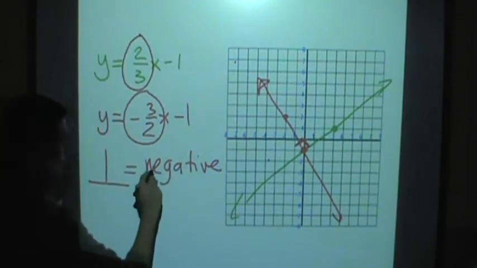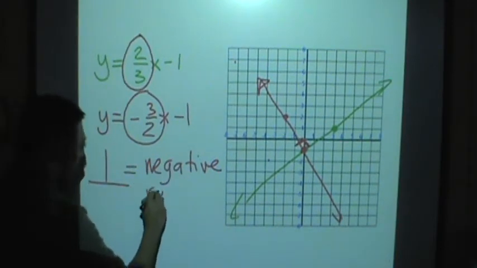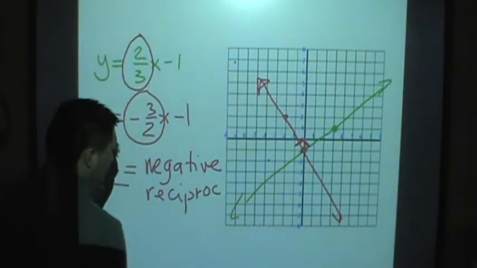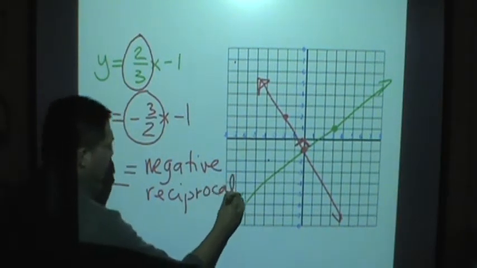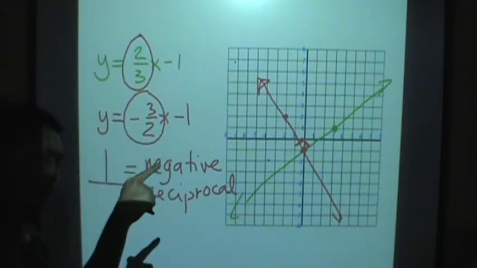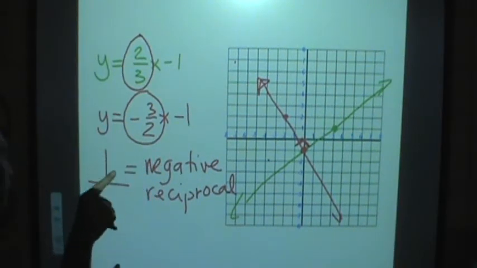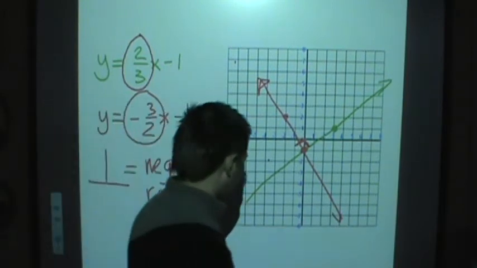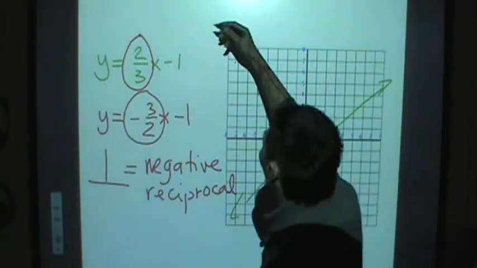So we'll use the words negative reciprocal. That means if the two lines are perpendicular, the slope of the other line should be the negative reciprocal.